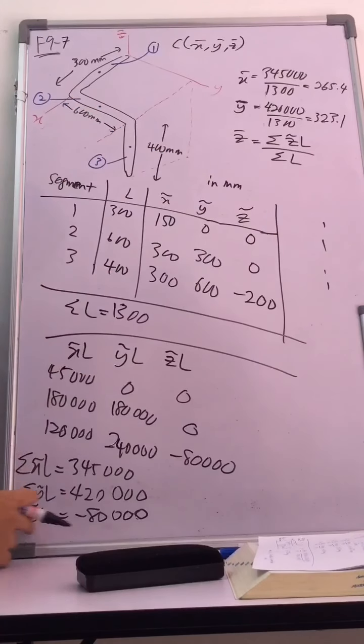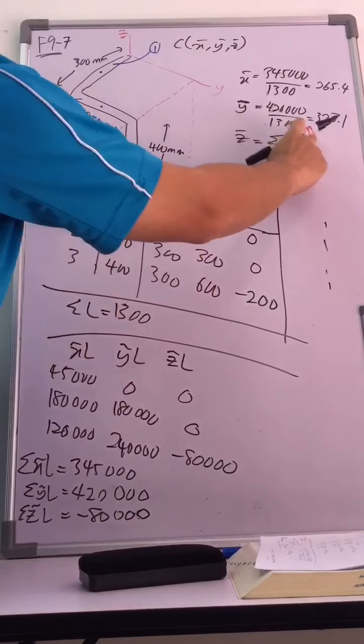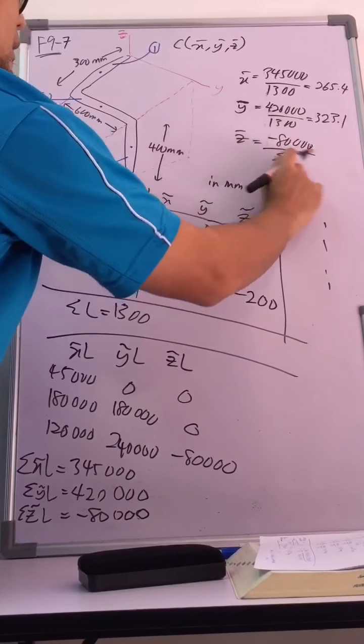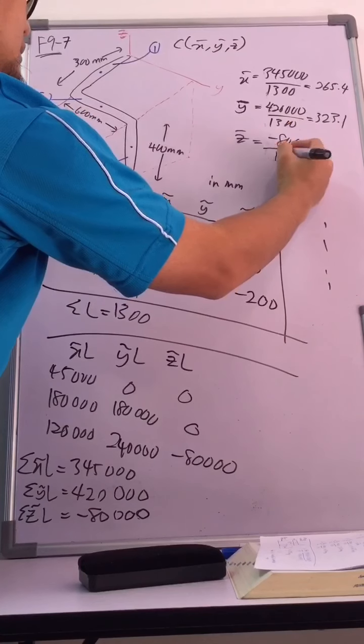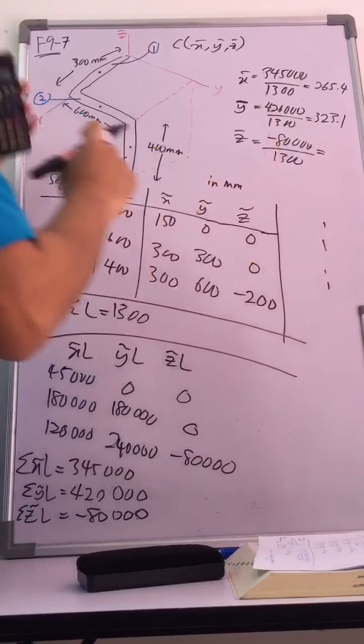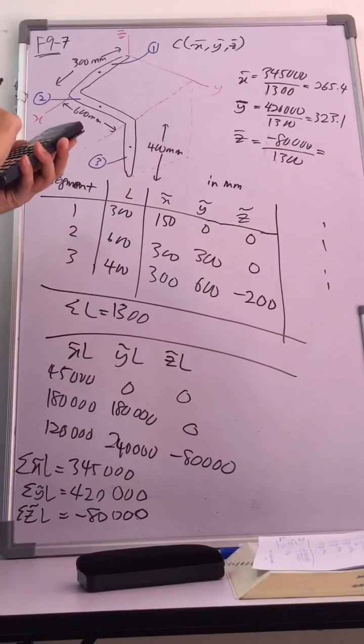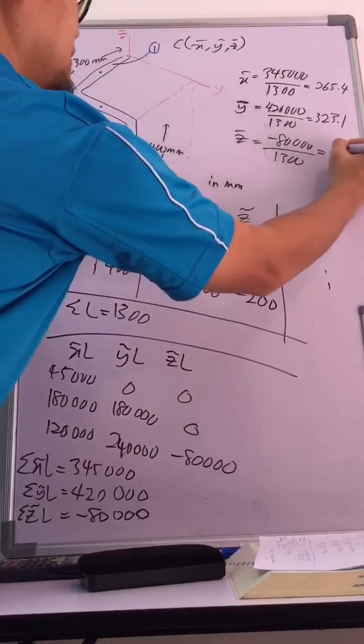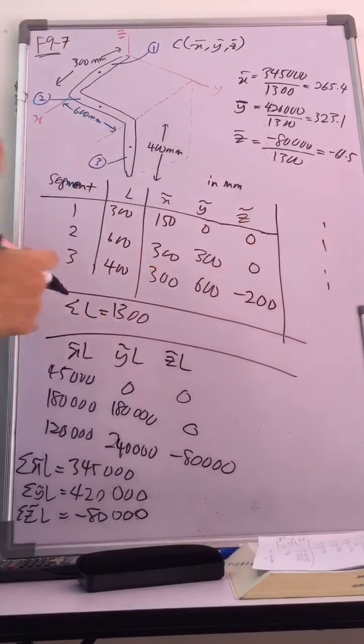Okay, and then z bar, minus 80,000 divided by L. L is 1300. So you got minus 61.5.